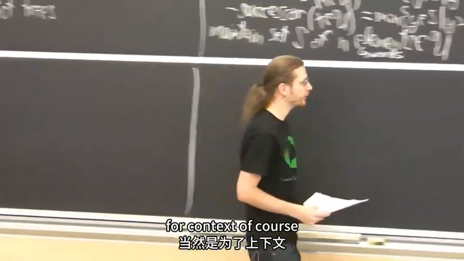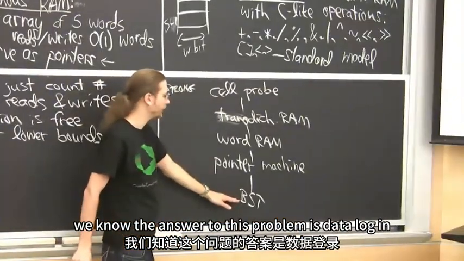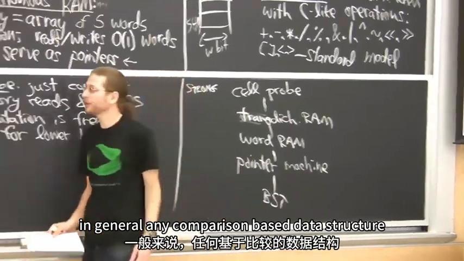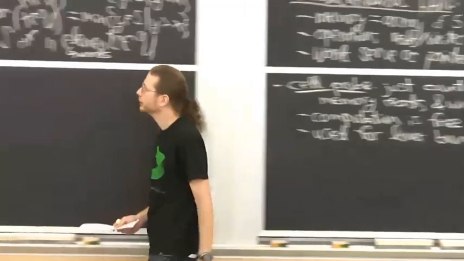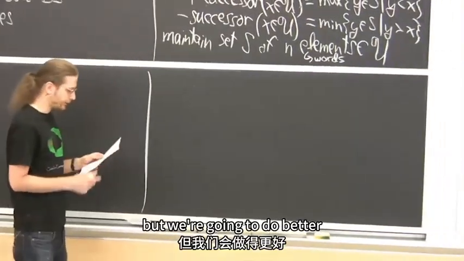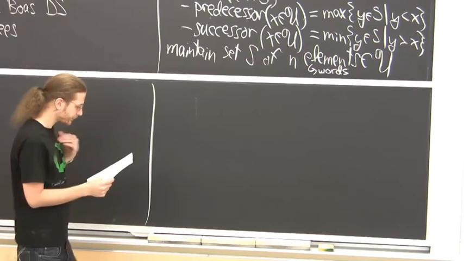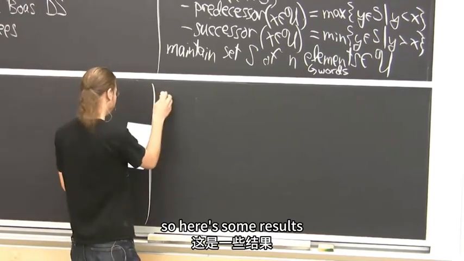For context, of course, in the binary search tree model, we know the answer to this problem is theta log n. In general, any comparison-based data structure, you need theta log n in the worst case. Easy lower bound. But we're going to do better on these other models, on the word RAM. So here are some results.